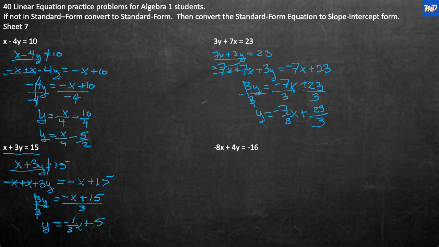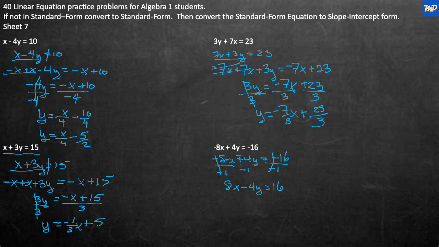So we're going to divide everything by negative 1. These cancel. This becomes a negative, and these cancel. So we end up with 8x minus 4y is equal to 16.